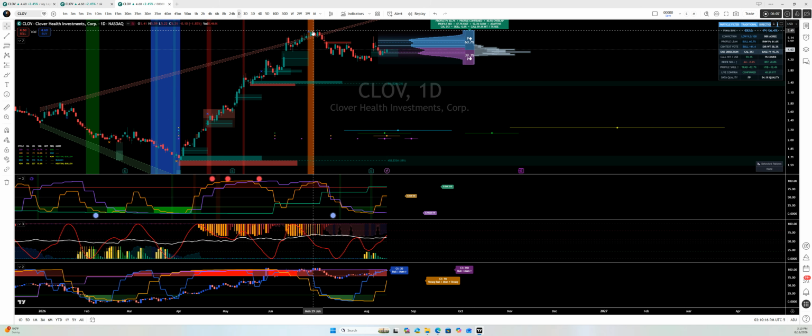This is a topping. The orange one is the highest rated selling pressure zone that I have on here. And then the blue one is the buying one. The red and the green are somewhere in between.